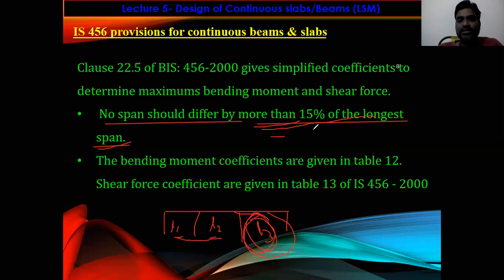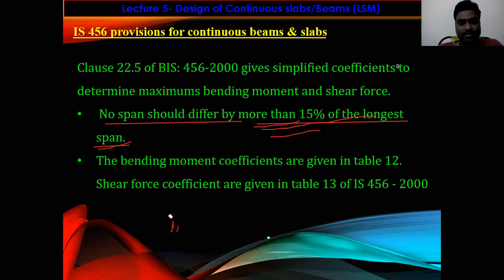So this condition should also be satisfied. These 3 conditions you should remember before applying this IS 456-2000 method. If any of the 3 is not satisfied, then this method is not applicable for that case. You should remember this, right?